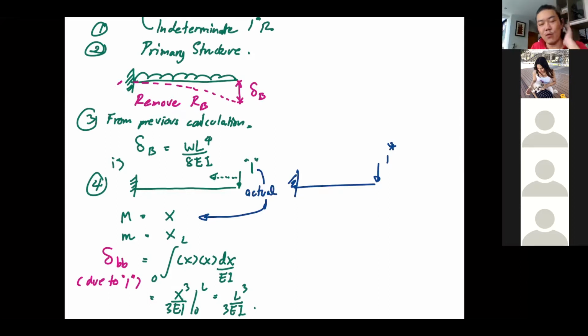But in the end, 1 or 1 star, it just doesn't matter to me. So this may help you, so you have 1 star stuck up somewhere in there as well.